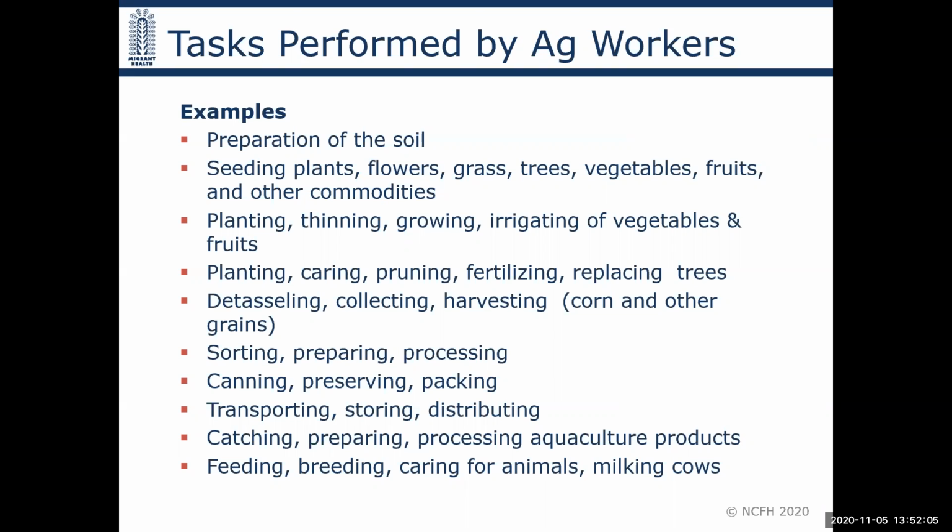So some of these things include preparing the soil, seeding plants, detasseling, harvesting, sorting, preparing, processing, and transporting, storing, and distributing. Again, on the transporting, if it's associated with the farm. So these are just some things to keep in mind.